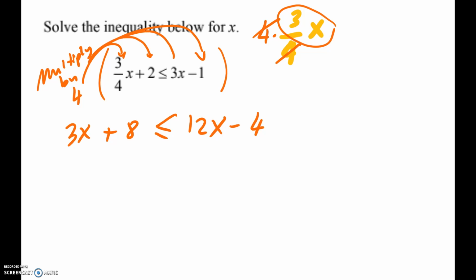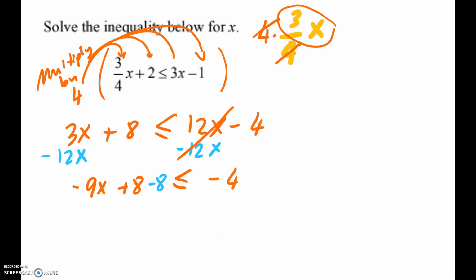I want to see all x's together. I want to take away 12x's from both sides. If you do that, you have negative 9x plus 8 on the left, less than or equal to, you don't have x's anymore, negative 4. Next step, I think you can take away 8's from both sides.